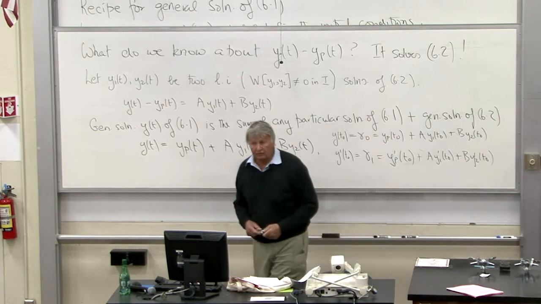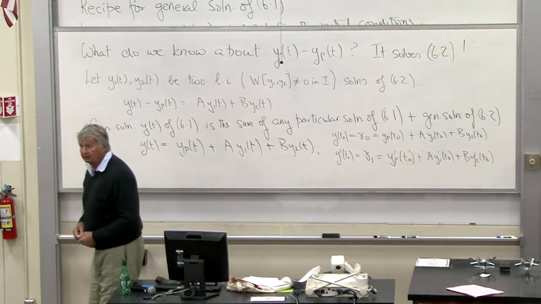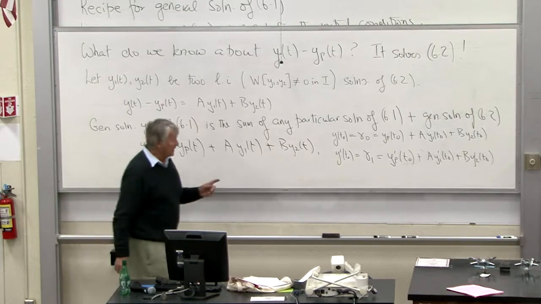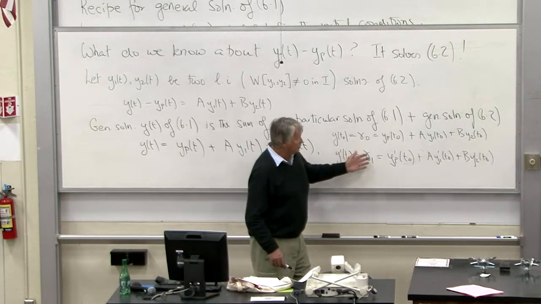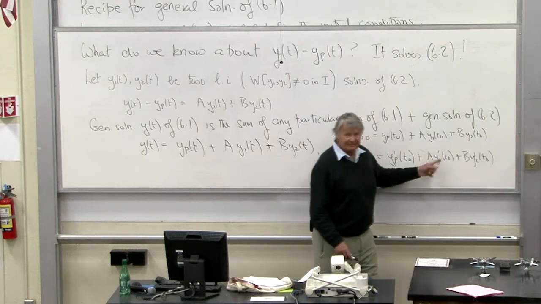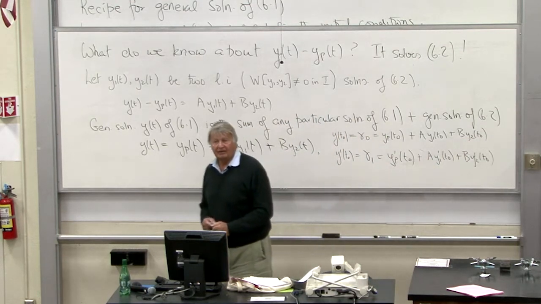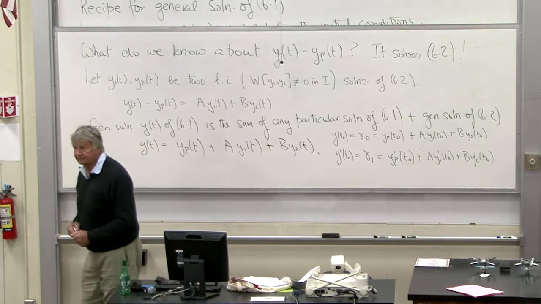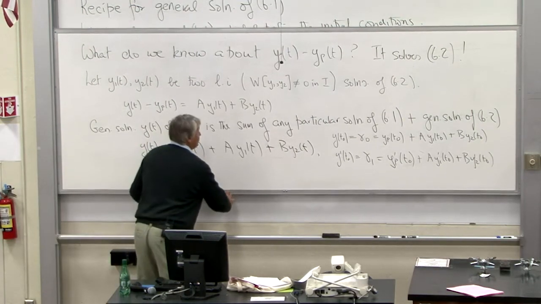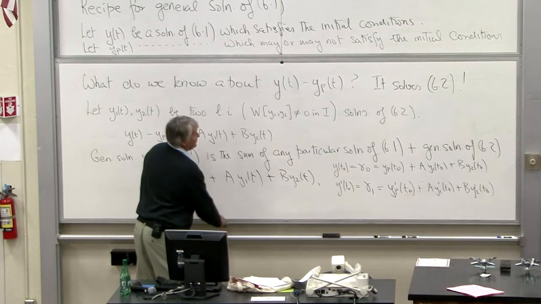So, two equations, two unknowns for A, B. And for any gamma naught and gamma 1, we are guaranteed finding a solution for A and B because this determinant, this Wronskian, is non-zero.